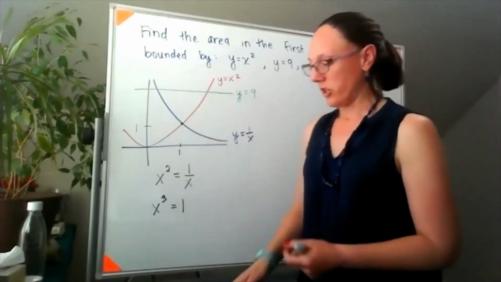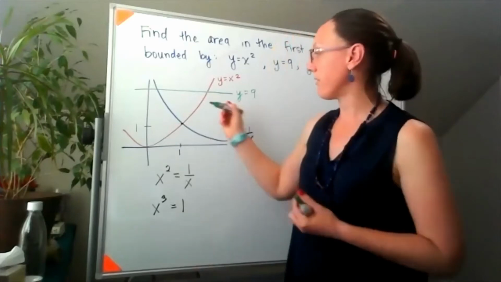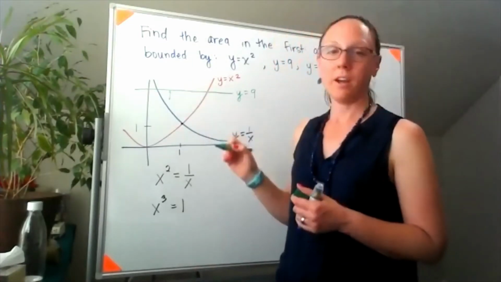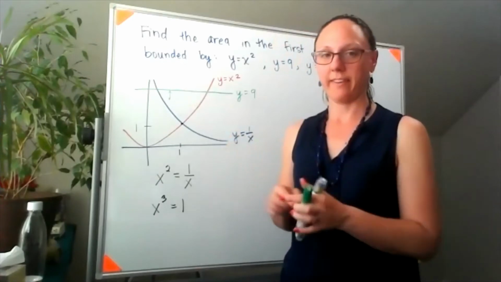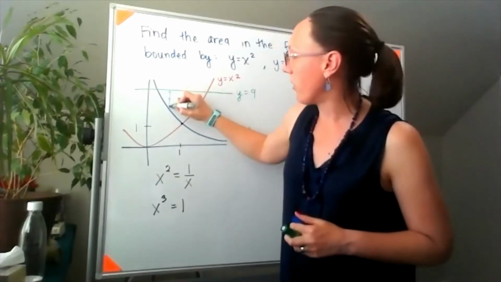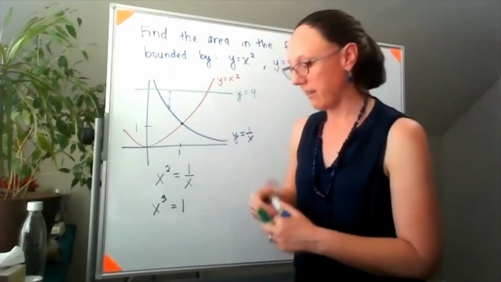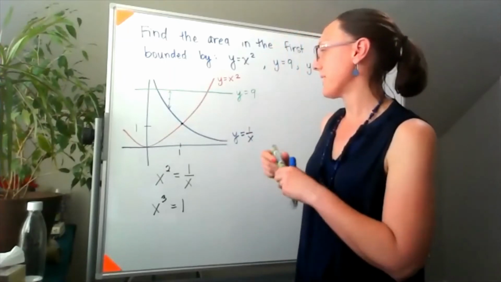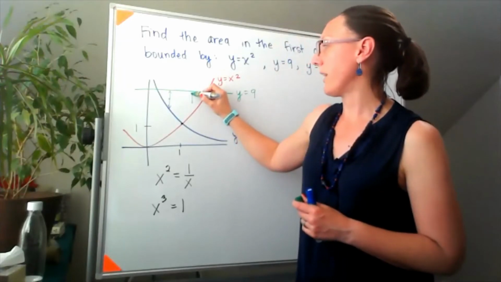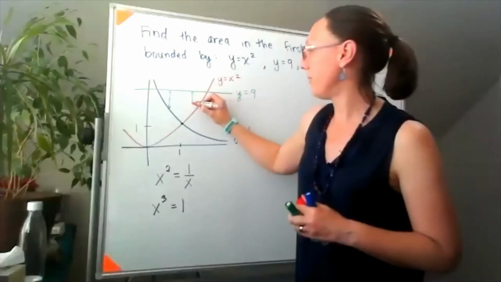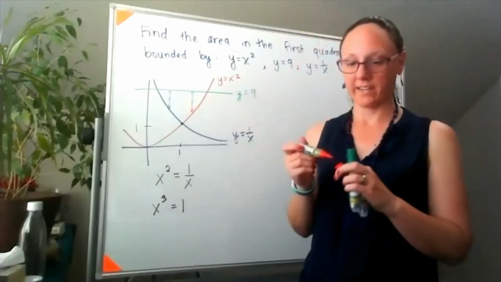If I look in this region, I know that if I'm standing right here and I look up, I see the y equals 9 line, and if I look down, I see the 1 over x. And if I scoot over a little bit so that I'm over here, when I look up, I see the y equals 9 line, and when I look down, I see y equals x squared.